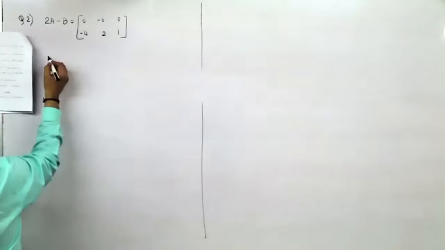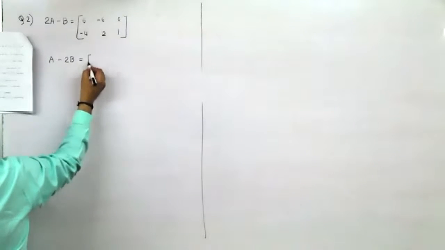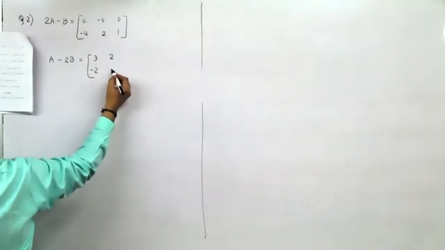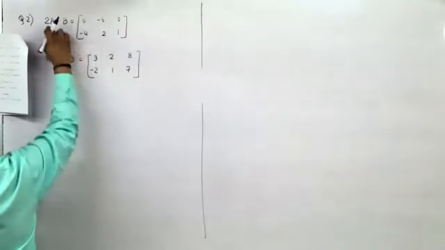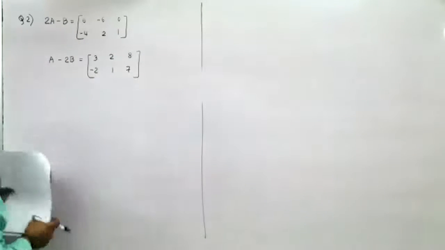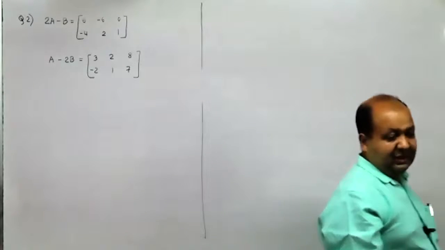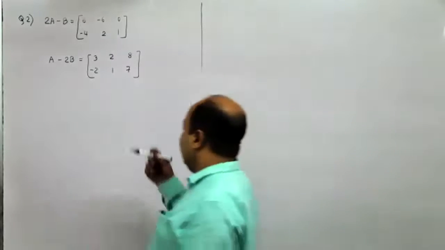This is 2a minus b and this is a minus 2b. The coefficients have been replaced here. So there are two ways to do it. You can add them and then subtract them and then solve it to get the value, or else the other way is straight away your normal method.